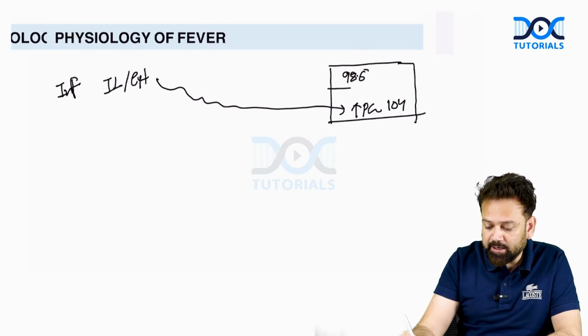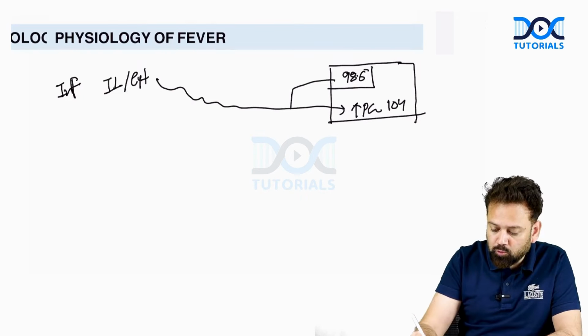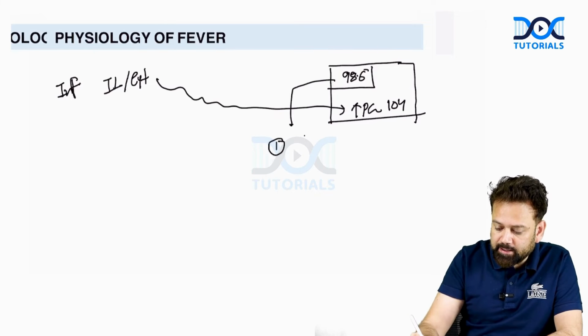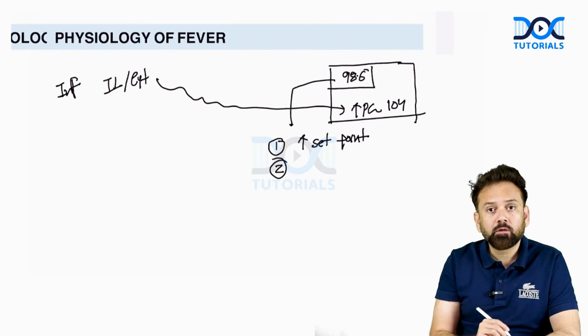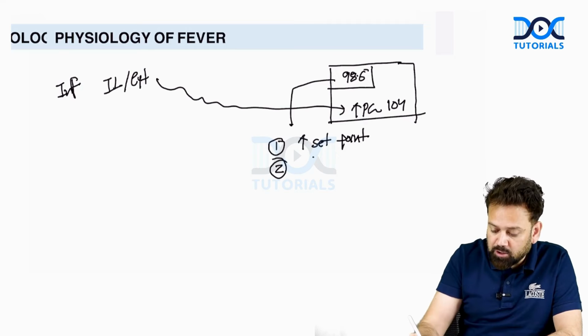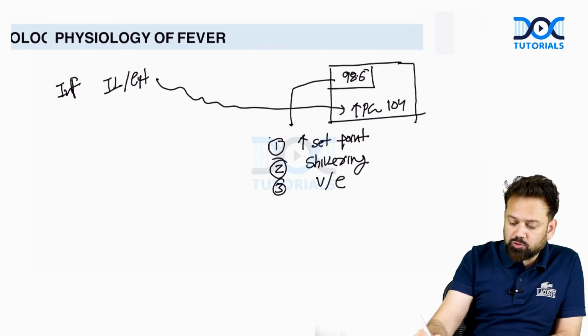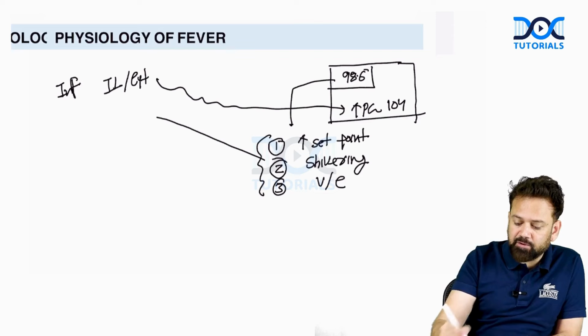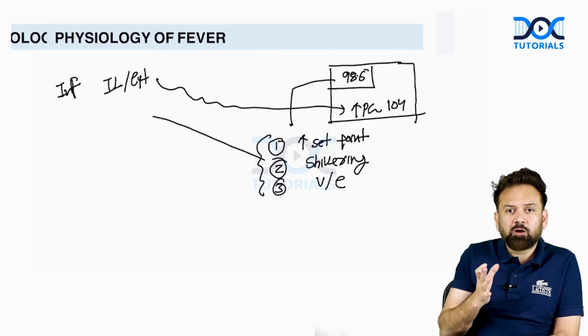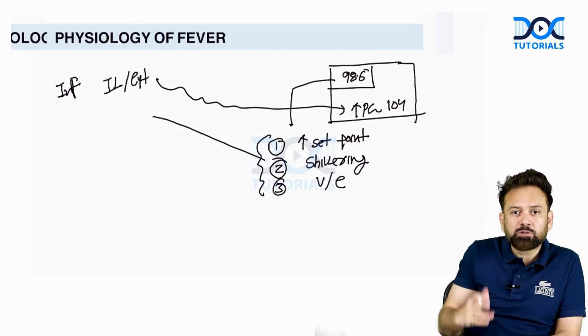Now your set point will get confused. What will it do? It will cause an increase in the set point. Number 2, how will it increase the temperature? By causing shivering. By shivering, temperature will increase. And third, it will cause vasoconstriction. So these are the mechanisms for fever. That is why there are always chills and rigor before the temperature goes up.